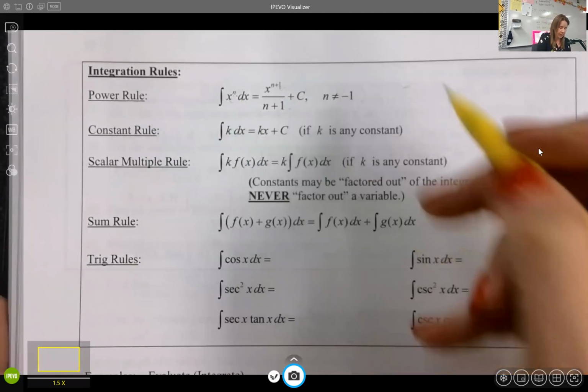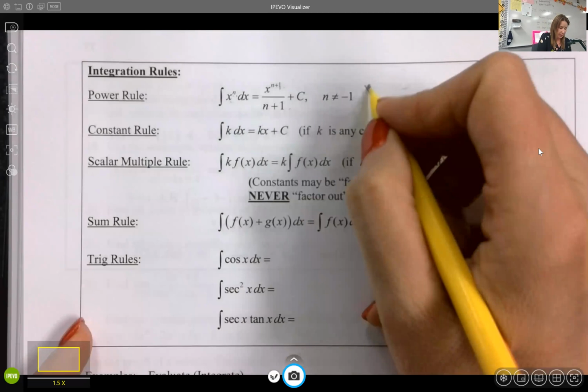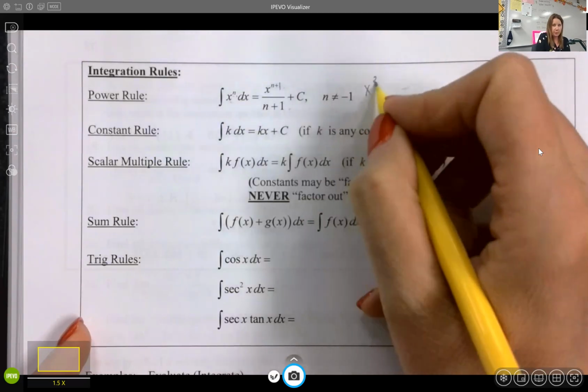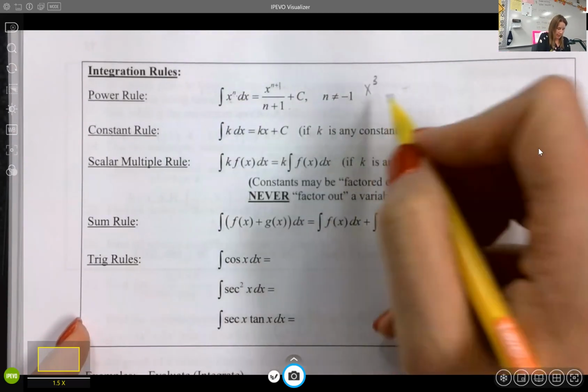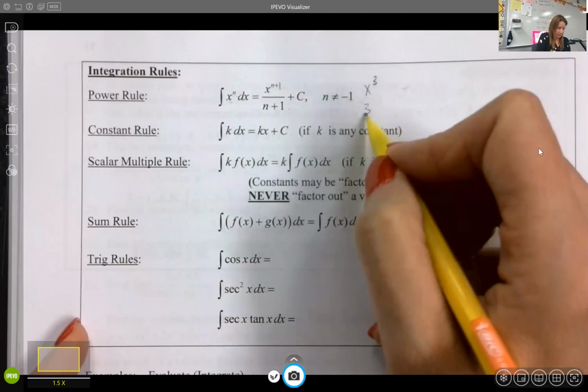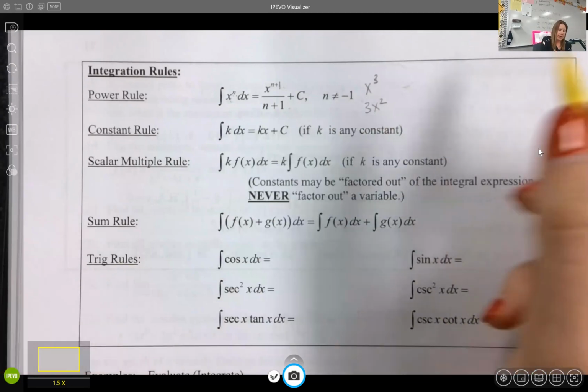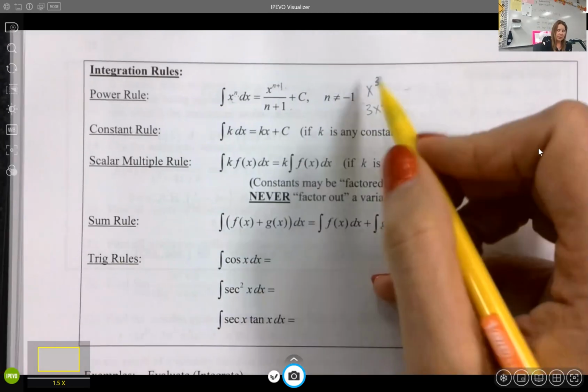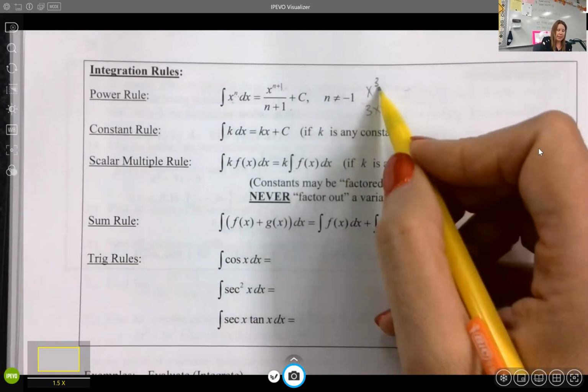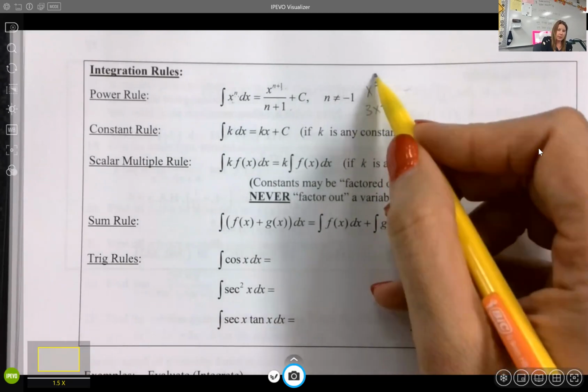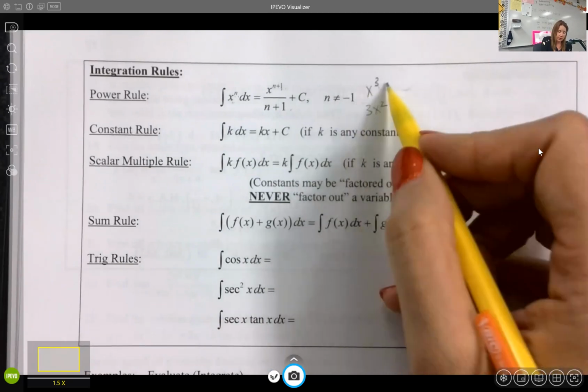So an example of what we did on this one is we had x cubed, and that gave us 3x squared. If I take the derivative of x cubed, I get the 3 in front, and that becomes 3x squared.